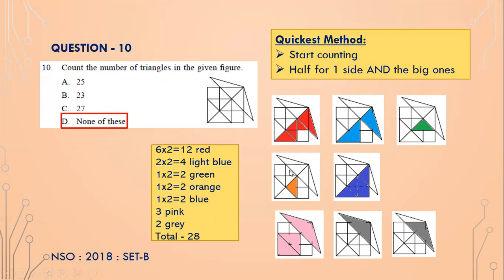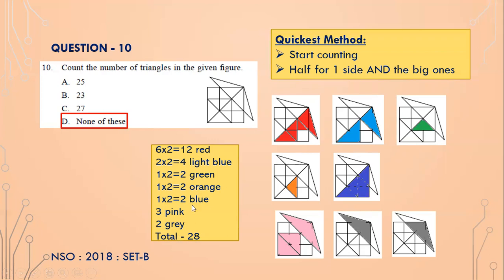The same number of triangles will be on the opposite side. So 6 into 2 is 12. 2 into 2 is 4. 1 into 2 is green, 1 into 2 orange, and 1 into 2 blue. 3 pink, and 2 gray.